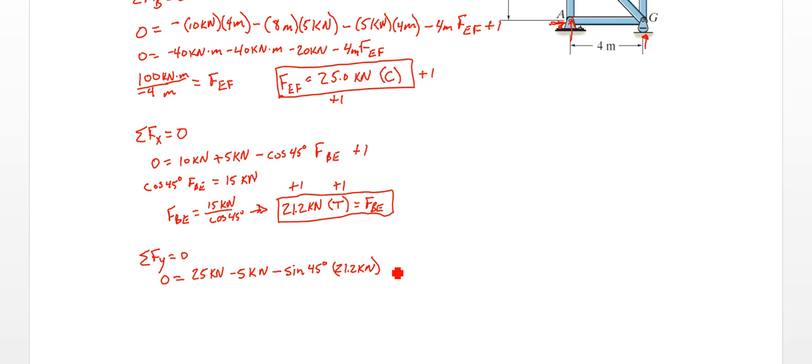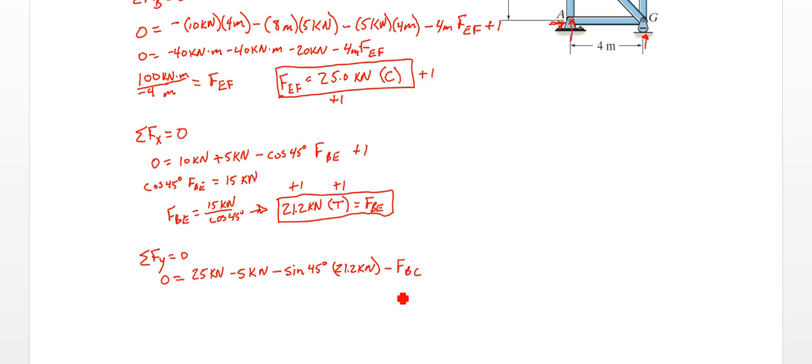And then I'm also going to have minus FBC, that unknown that we have there. If we do this math, we're just basically undoing with the sine 45 times 21.2 what we did up here, so this is going to become 15. So you have 25 minus 20.